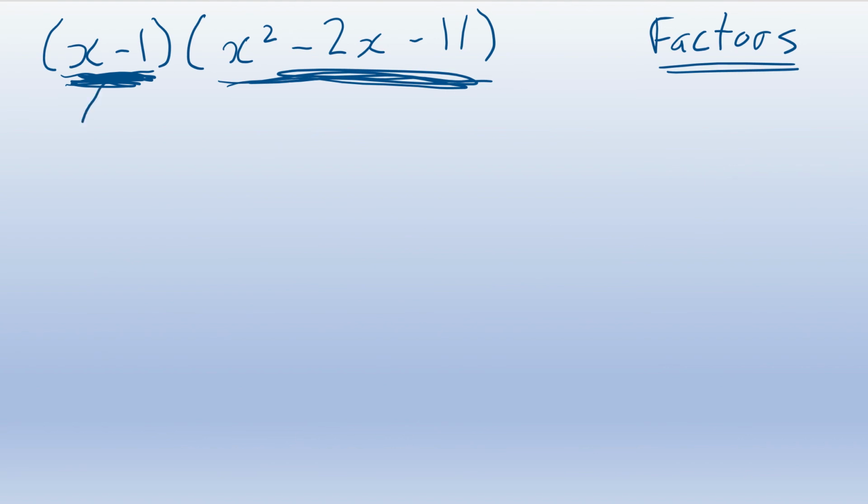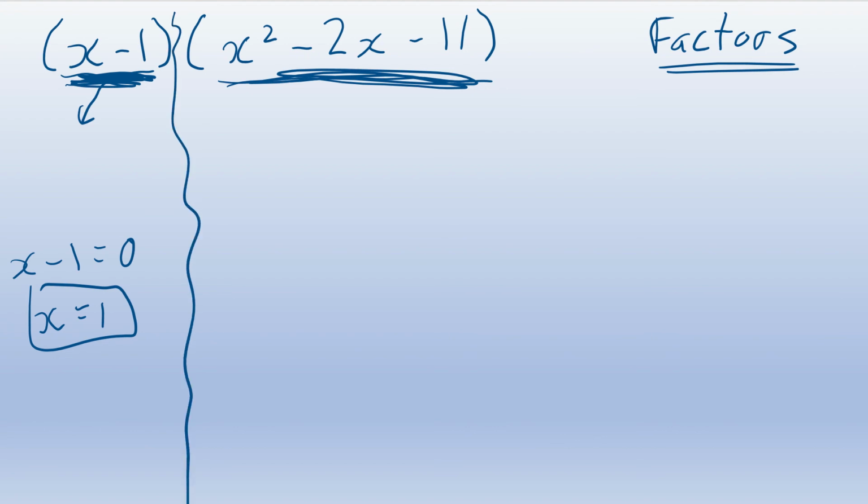So we know from here that if these two are factors, well then x minus 1 is equal to 0, the x minus 1 part here is a factor. But if I wanted to find the root of that, if I added 1 to both sides, I'd have x is equal to 1. That's what we found out already from this side here.